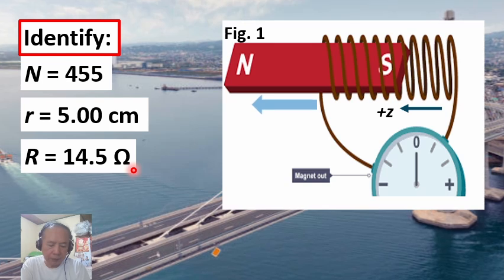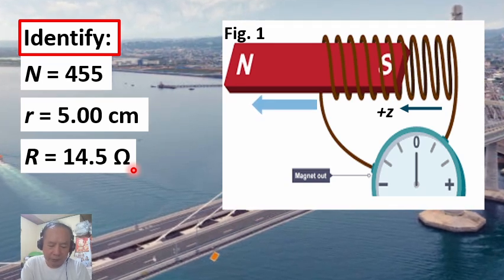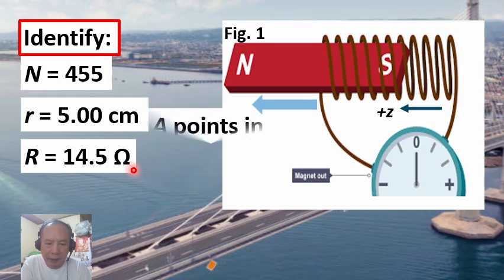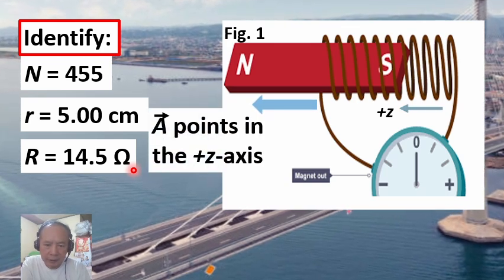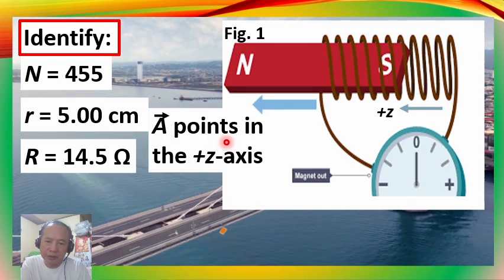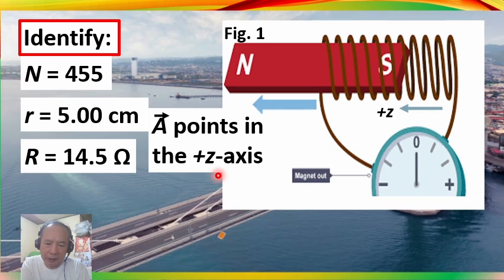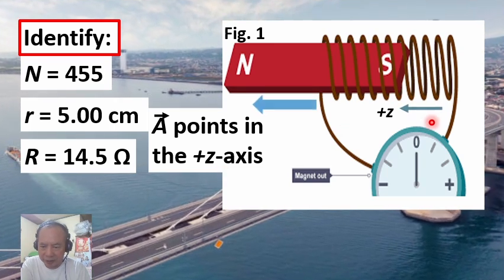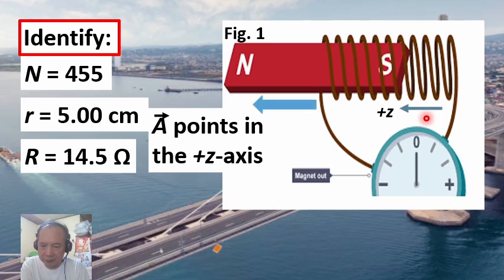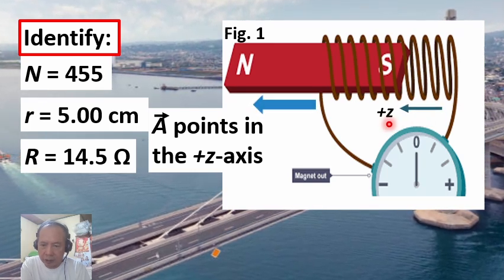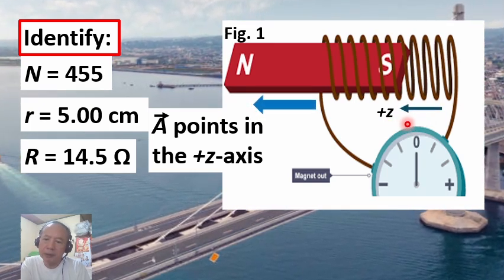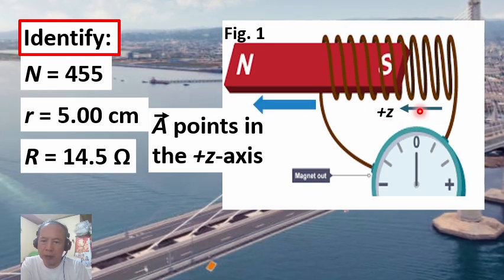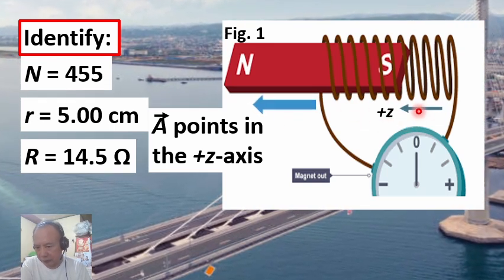The area vector of the coil, represented by capital A, points in the positive z axis, as emphasized here. Our z axis happens to be along the horizontal.